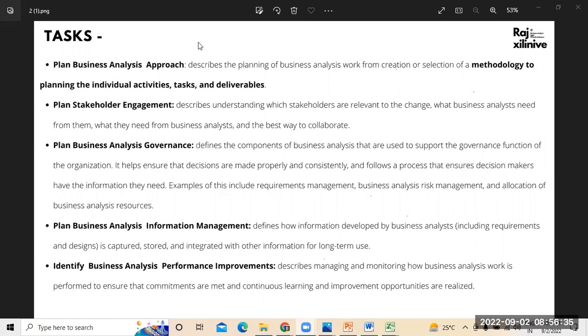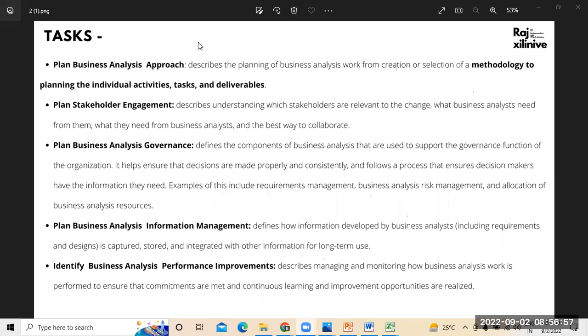Next, how you are gathering and how you are managing the information you have collected. What is the way of capturing? What is the way of storage, integration, and all that stuff. Next, identifying how we need to improve the performance. What kind of performance measures are we taking in order to improve it? All these things come under the tasks.